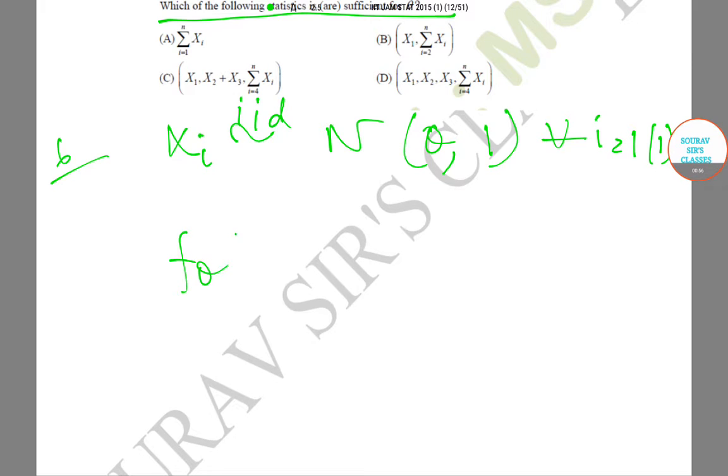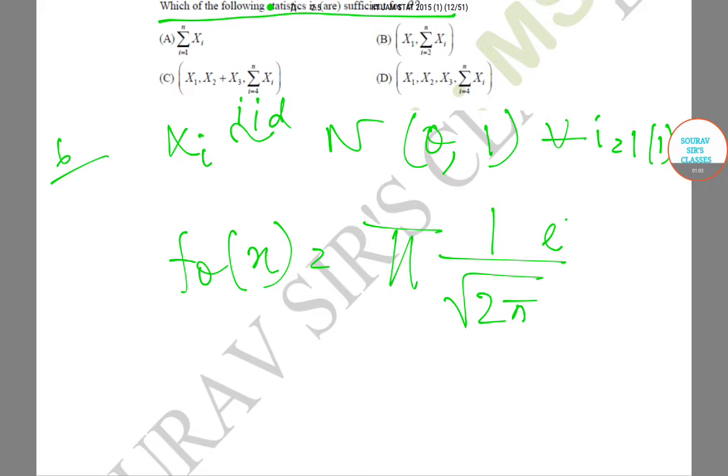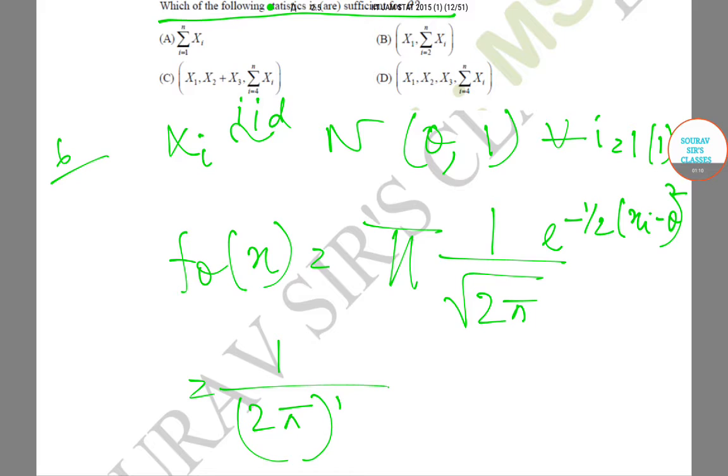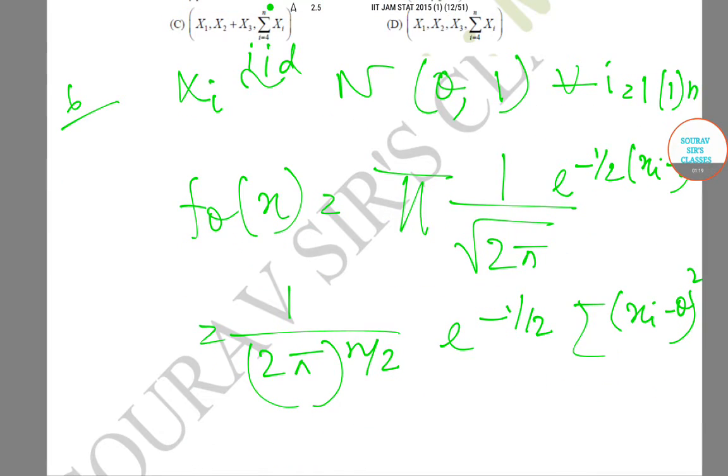Now, f of theta of x is equal to the product of 1 by root over 2 pi e to the power minus half xi minus theta whole square, which is equal to 1 by 2 pi to the power n by 2 e to the power minus half summation of xi minus theta whole square.